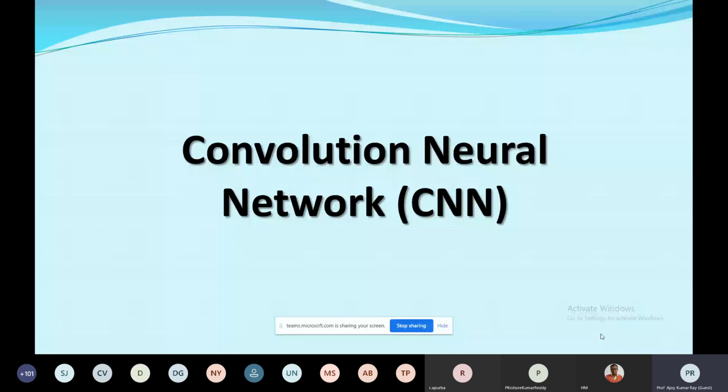In fact, it is not only that this is just an MLP, a multi-layered perceptron. There are many neural networks. For unsupervised classification, there is one type of neural network known as the Kohonen network. It is also known as the self-organizing feature map.